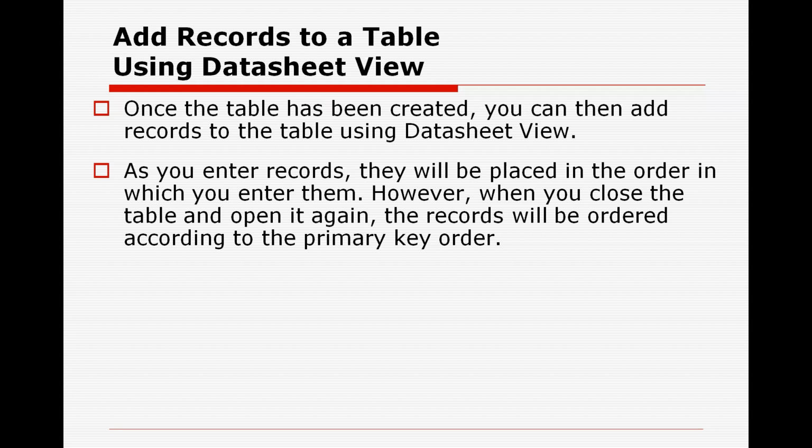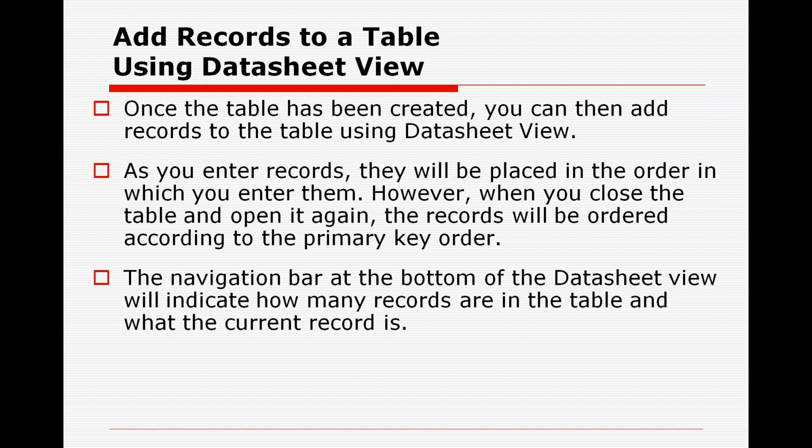But once you insert it, close the table and open it again, the data rows will be ordered according to the primary key, right? Whatever way you inserted, when you close and open it again, you can see the data in the correct order according to the primary key, right?